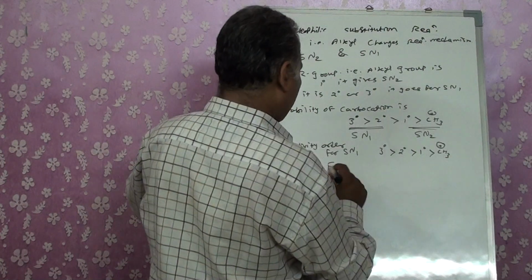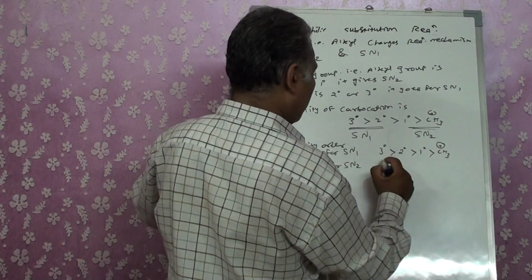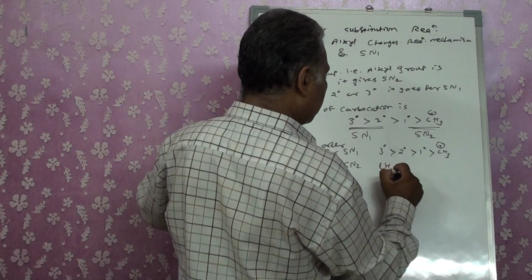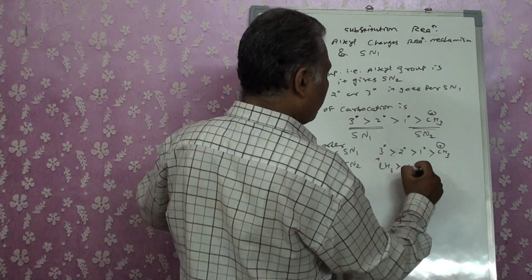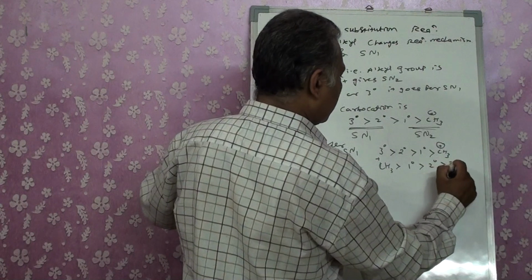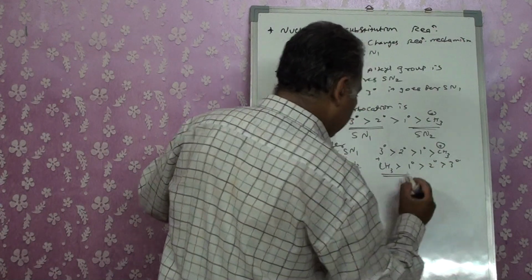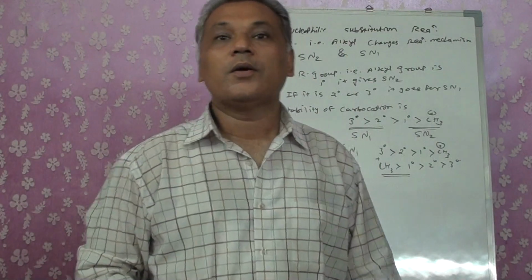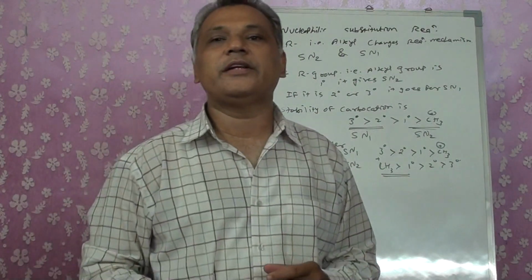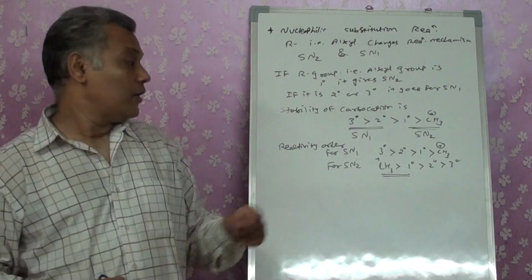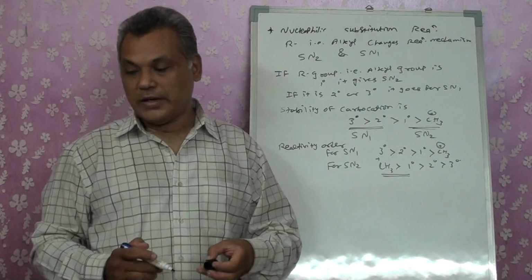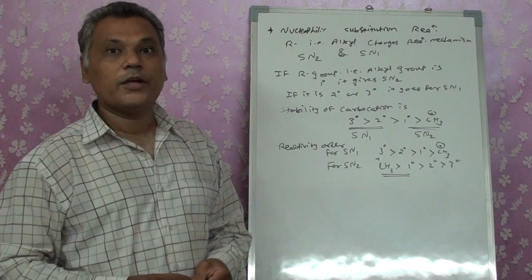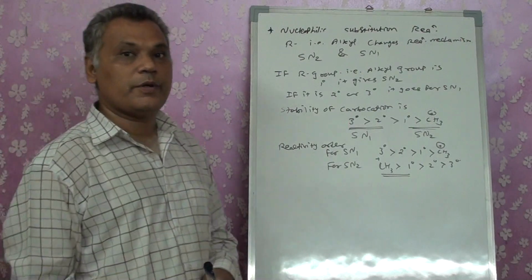But for SN2, we get CH3 greater than primary, greater than secondary, greater than tertiary. That means these generally show us the SN2 mechanism, because their carbocation stability is very low, whereas secondary and tertiary, being more carbocation stable, go for the SN1 mechanism.